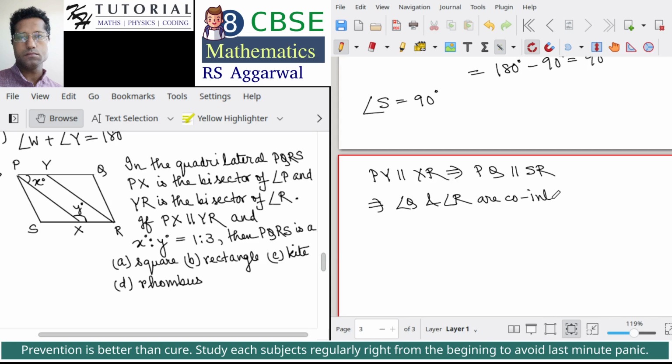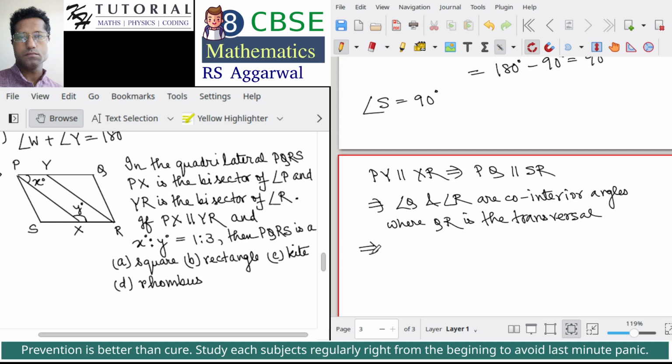Co-interior angles means they are the adjacent angles on the same side of the transversal, where QR is the transversal.